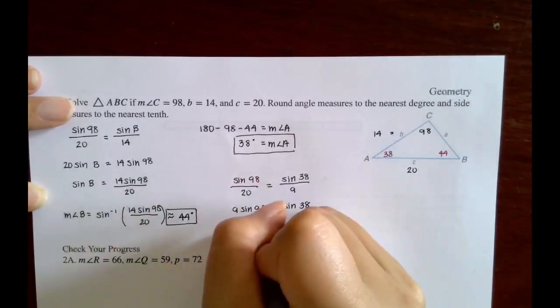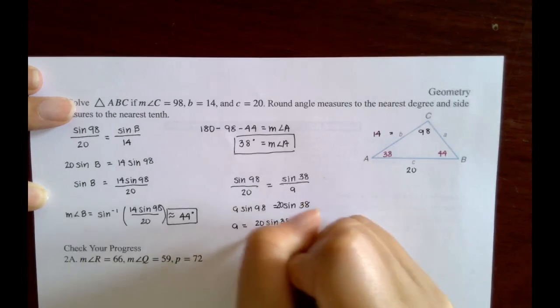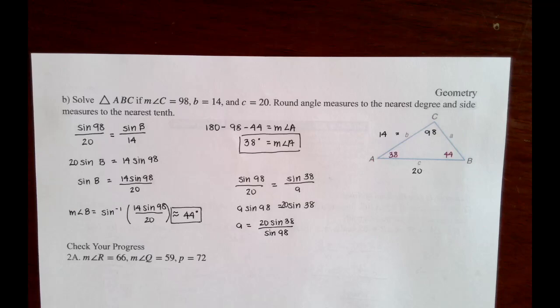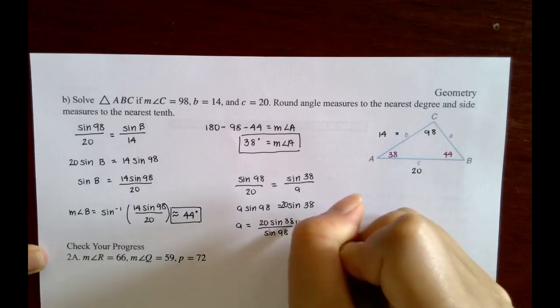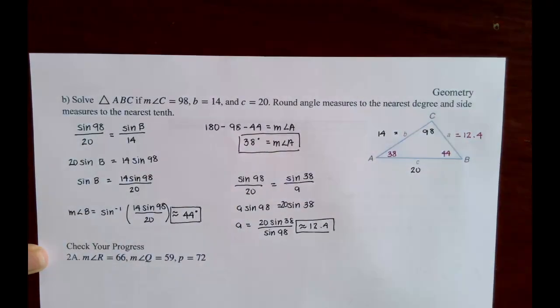Divide both sides by sine 98, so A equals 20 sine 38 over sine 98. Okay, I'm going to type that into my calculator. And that gives me approximately 12.4. So A, I now know, is approximately 12.4. And there you go.